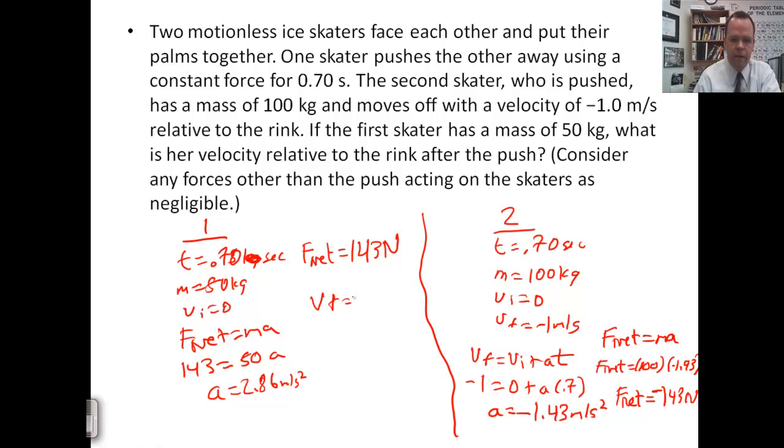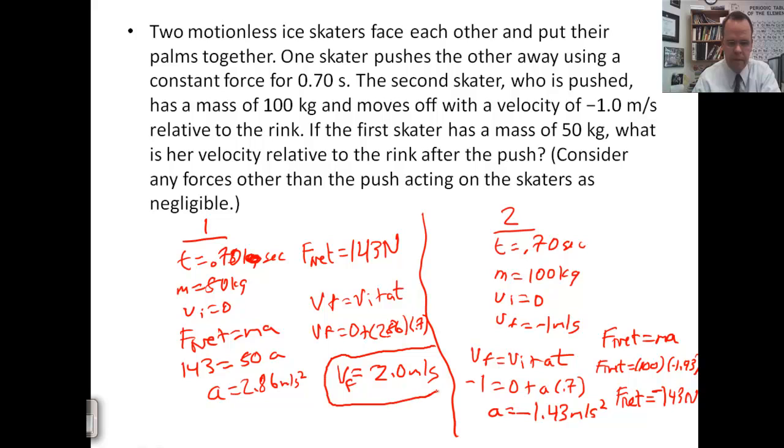Now we can do vf equals vi plus at. vf equals 0 plus 2.86 times 0.7. This person will be moving at positive 2 meters per second.